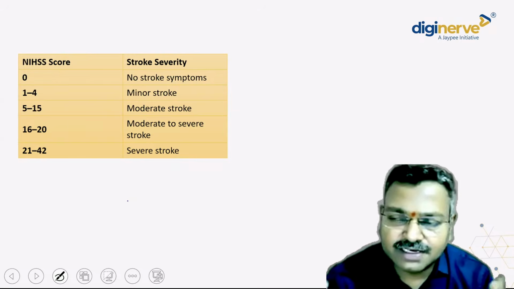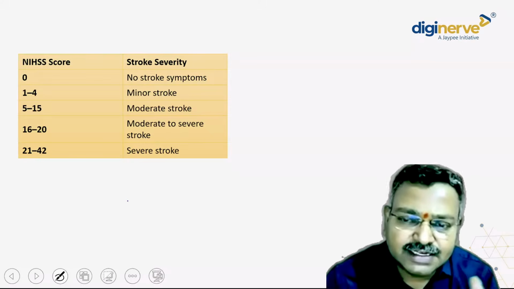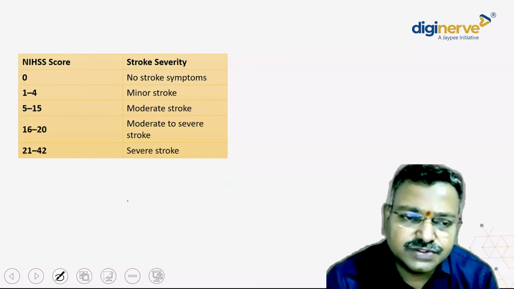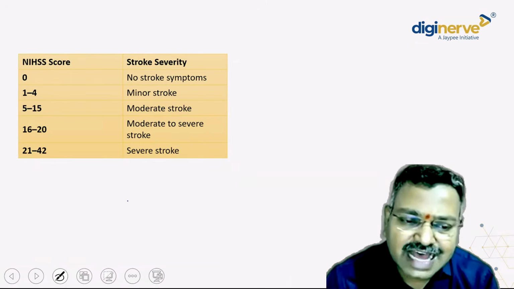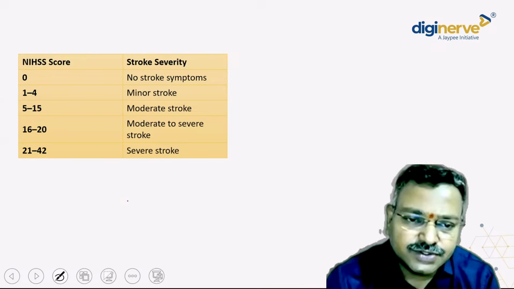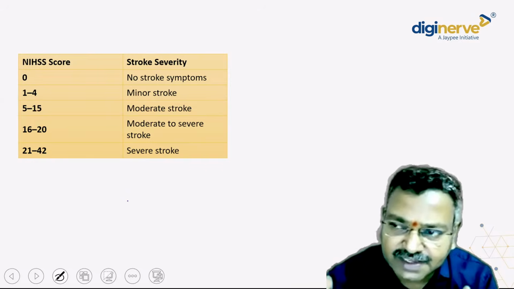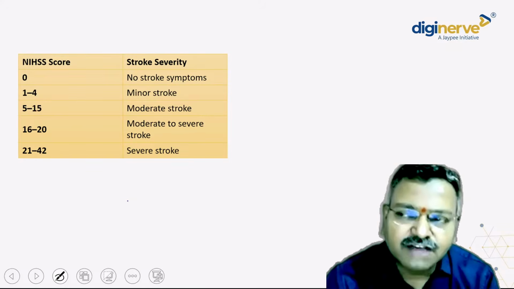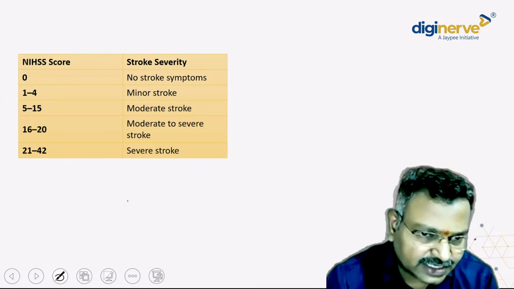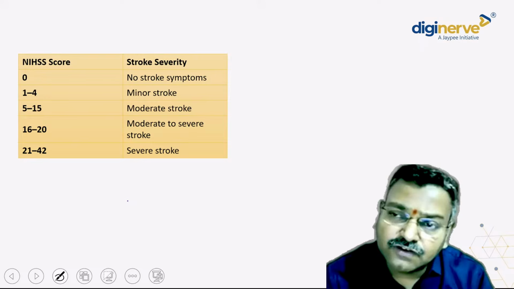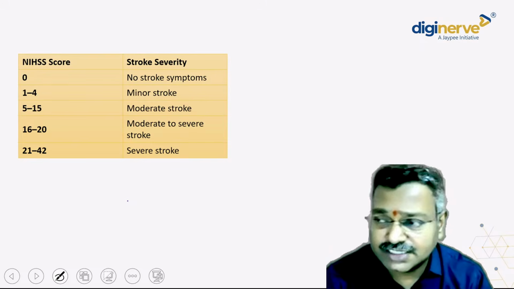Very, very important. Whenever we do thrombolysis, our primary intention is to salvage the ischemic penumbra. So we control the blood pressure and then we give IV tenecteplase. If you have a larger stroke, a bigger stroke like 16 to 20, etc., you can go for thrombectomy. That's a procedure that could be better.